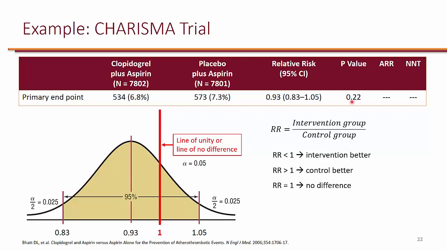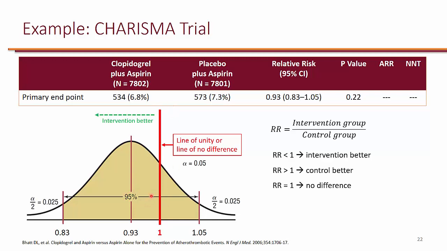So if you did not have this p-value, all you had to do is look at this confidence interval, and then you can say that, well, because it crossed 1, I know it's not statistically significant. So sometimes they may not even give you this p-value, and you don't even need it. All you have to do is read the confidence interval and conclude that because it crossed 1, it is not statistically significant.